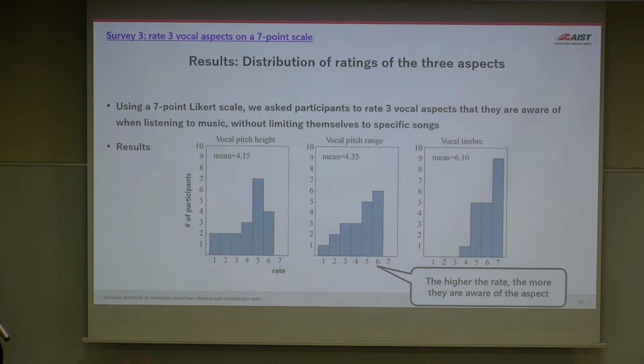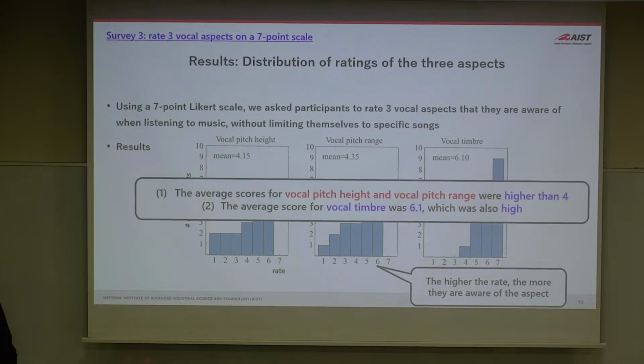The higher the rating, the more they are aware of the aspect when listening to music. Based on this, the average scores for vocal pitch height and vocal pitch range are higher than 4. They are 4.15 and 4.35.